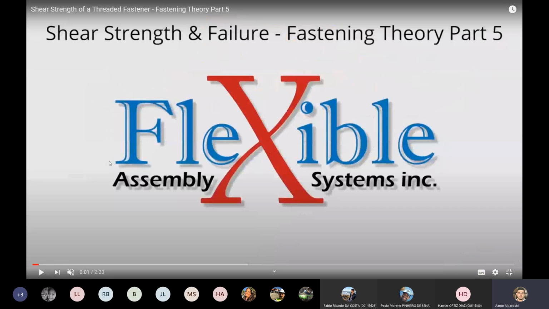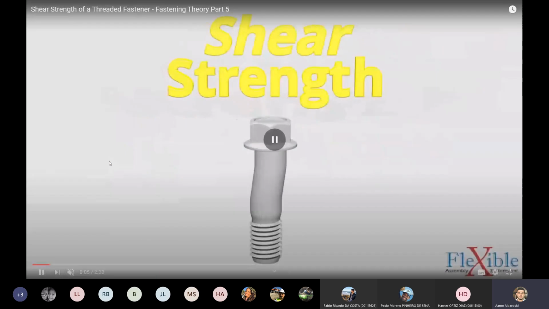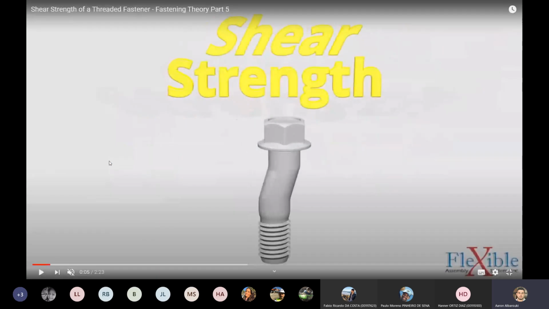Look at how the shear stress, look at this, it doesn't try to compress the bolt, or it doesn't try to tension the bolt. What it tries to do is just move half of the bolt this way, the other half the other way. So laterally, let's call it.